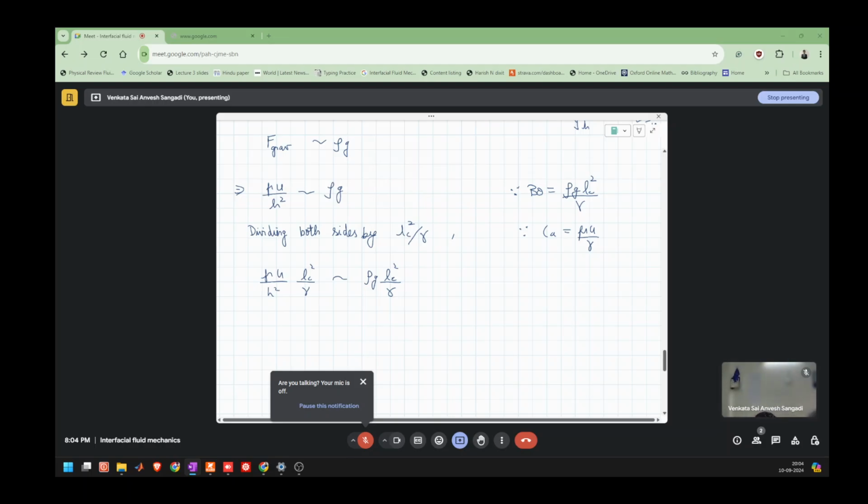So we have capillary number times LC square by h square scales as bond number.